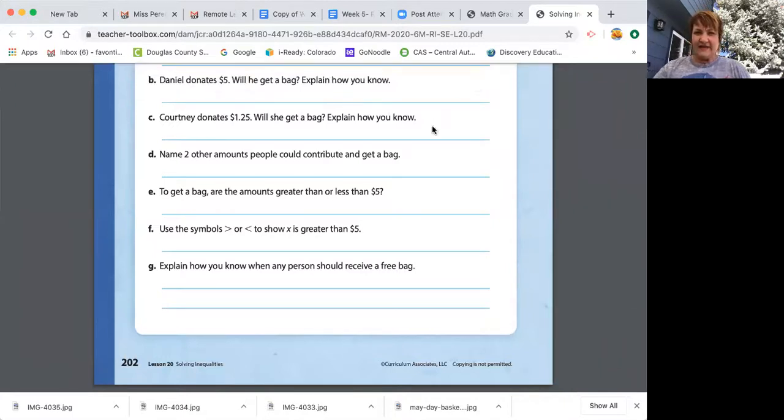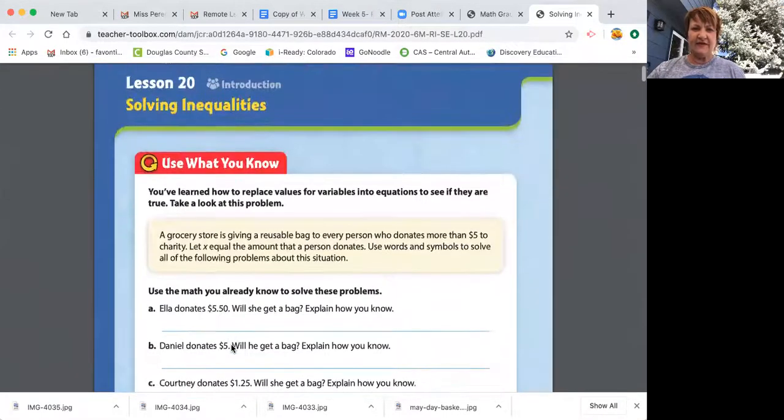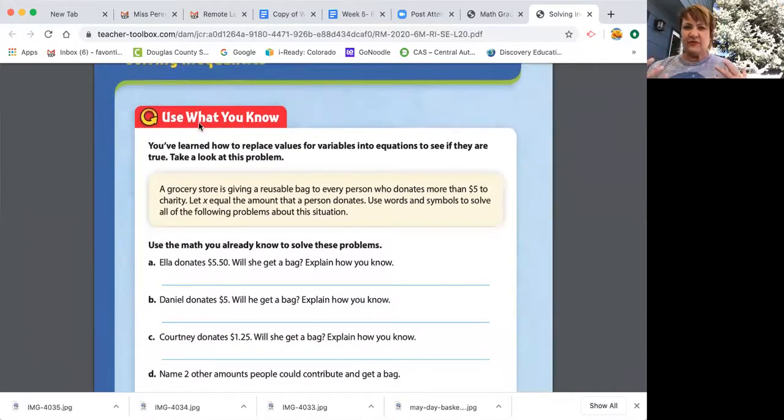Okay, girls and guys, we are on page 202 and 203 of your instruction book. The very top of the title says Lesson 20, Introduction, Solving Inequalities. So here's where we go with use what you know. You've already learned how to replace values for variables into equations to see if they are true, meaning you're solving equations, both sides of the equation are equal.